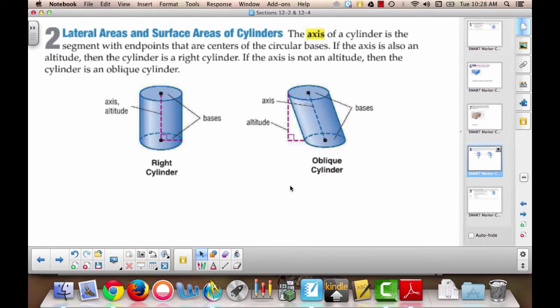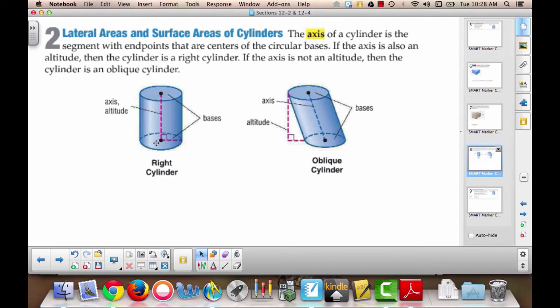Okay, now that you've come up with those formulas for lateral area and surface area of prisms, we're going to talk about cylinders. Cylinders are very much like prisms in that they have two bases that are congruent to each other and can be right or oblique.